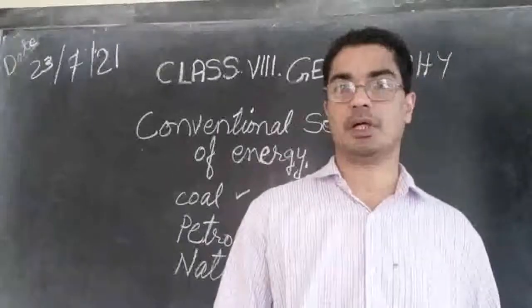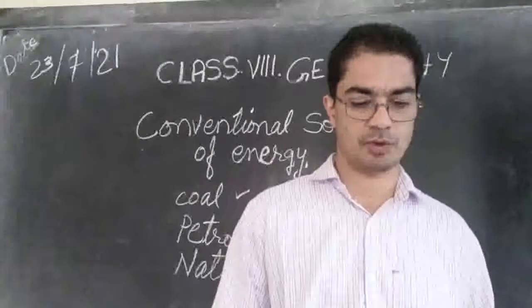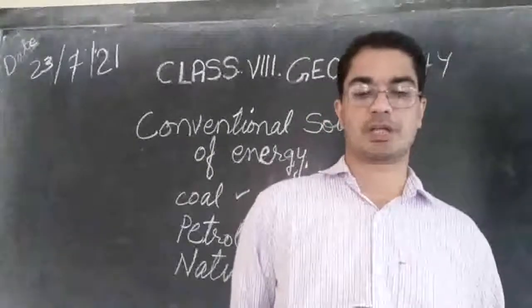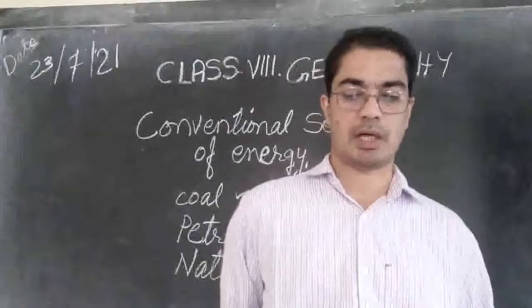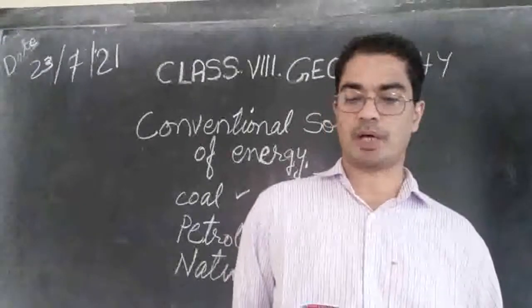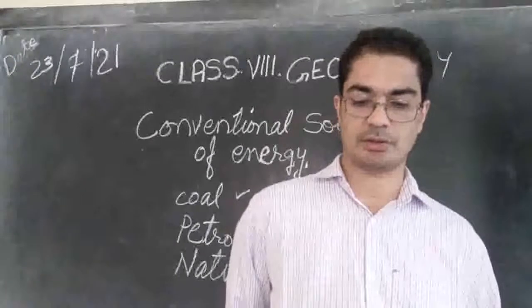Then let's come to India. Which are the places we have natural gas deposits? So in India, Jaisalmer, Krishna Godavari Delta, Tripura, and some areas offshore in Mumbai have natural gas resources.